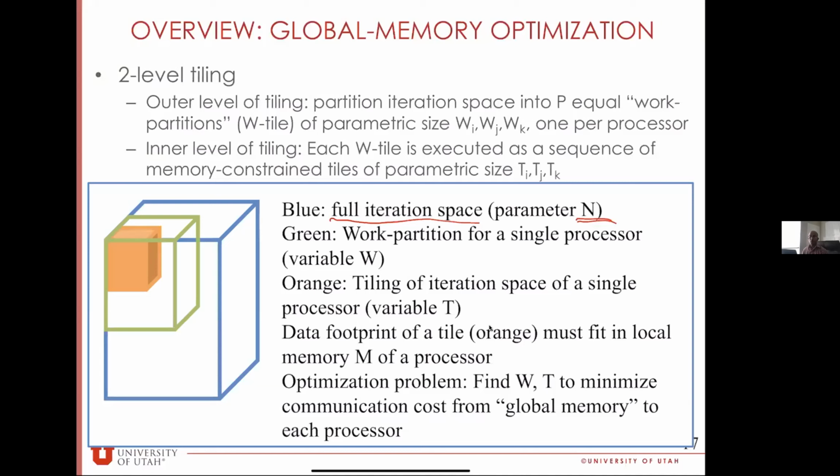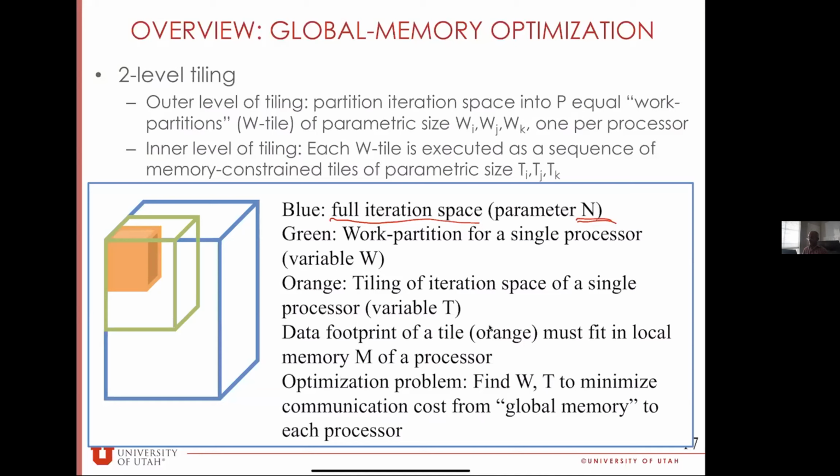We are going to allow for all possible values. And then inside the green box, we see the orange. That's the tiling of the iteration space within a single processor. So the constraint will be that the orange box, that tile, should be able to be executed in the available memory of the processor. So the data footprint of a tile must fit in local memory.